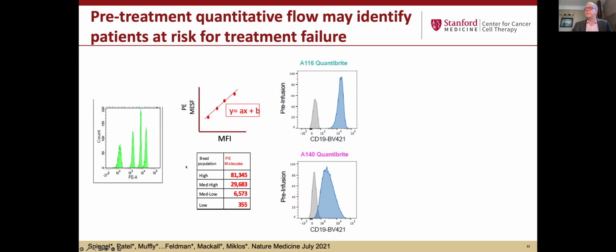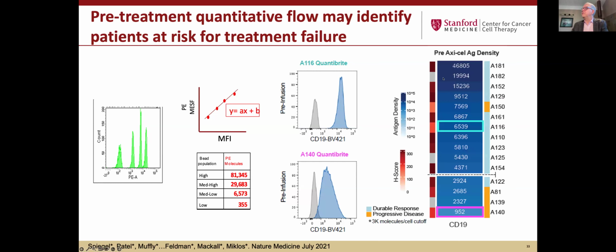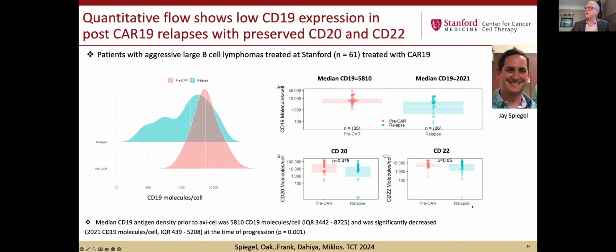And so we've developed assays to quantify this and be able to measure the number of molecules per cell, and try to make this more of a science and more quantifiable. And it, in fact, is being validated by myself and other colleagues. And again, same phenomenon, now looking at 50 patients, 60 patients, where the expression of CD19 in bulk before the treatment with CAR-19 is a tight, normal, high CD19 expression curve.